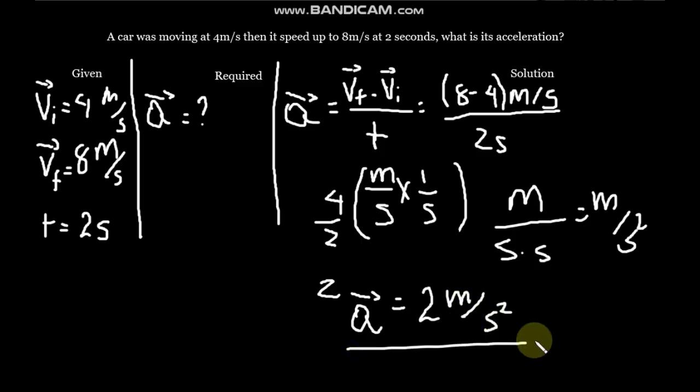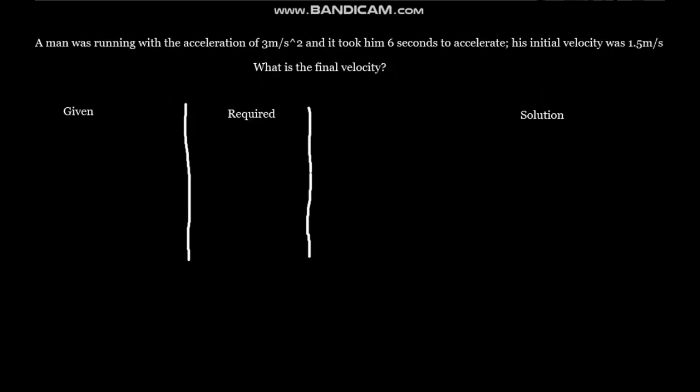Let me ask you another tricky question. Okay, so it says that the man was running at the acceleration of 3 meter per second squared, and it took him 6 seconds to accelerate, and his initial velocity was 1.5 meter per second. So what is the final velocity?